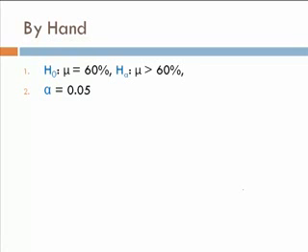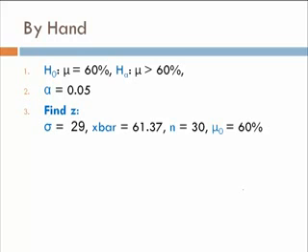Now let's do the hypothesis test problem by hand. We're going to go steps 1 through 6. Steps 1 and 2 are fairly intuitive. We actually already know what the null hypothesis is, what the alternative hypothesis is, and what our alpha values are, and they're written here. And then we would need to compute our z-score. We need to find z.